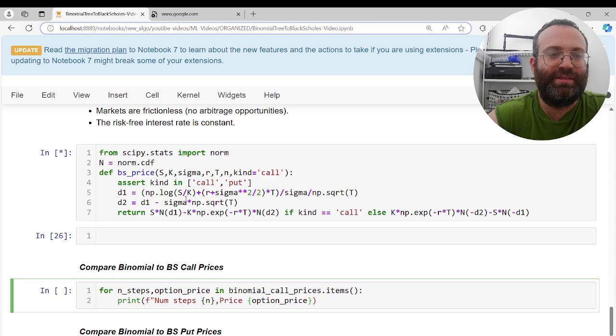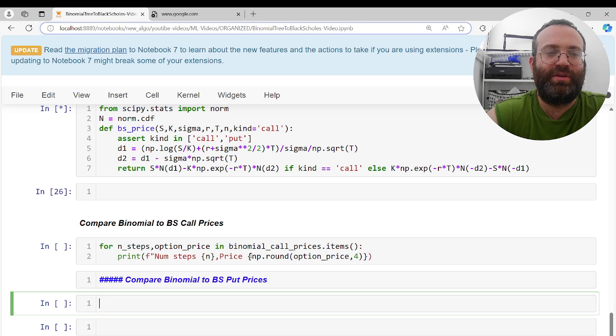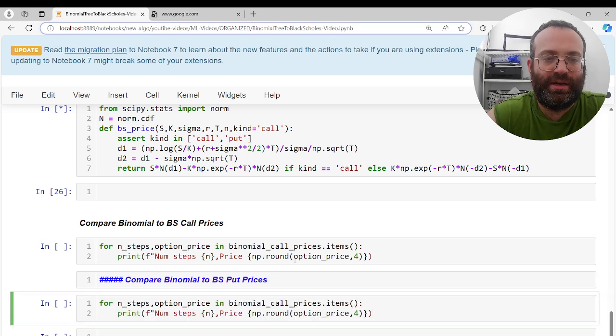I don't remember off the top of my head how to round in an f-string, and I don't have internet, so I'll use np.round to the nearest 4 digits. We're going to do the same thing for the binomial put prices. Okay, and it finally ran.